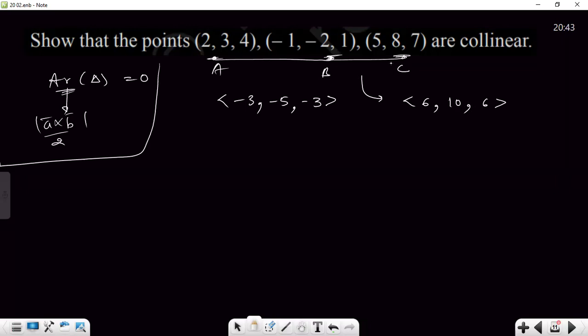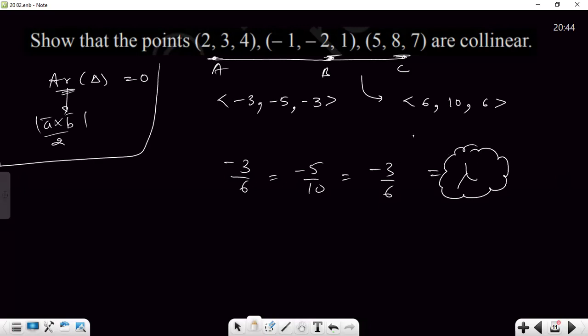If AB and BC are lines in the same direction, then their ratios will be proportionate. So -3/6, -5/10, -3/6. If they are equal to the same scalar, then these direction ratios have the same direction and hence they are collinear.